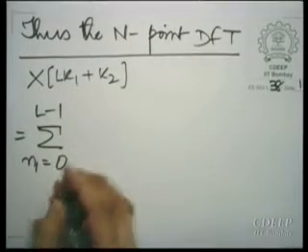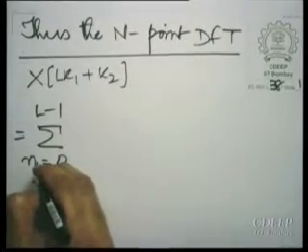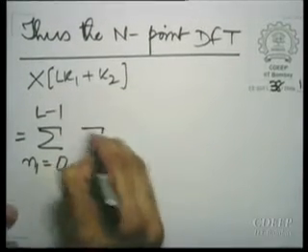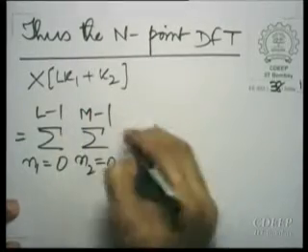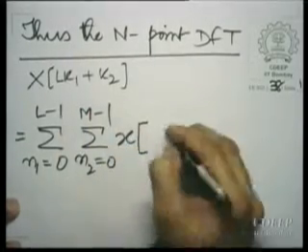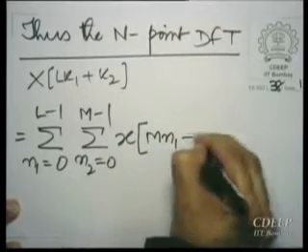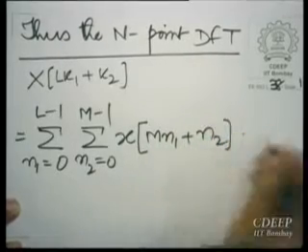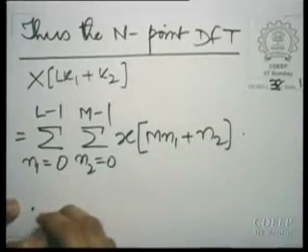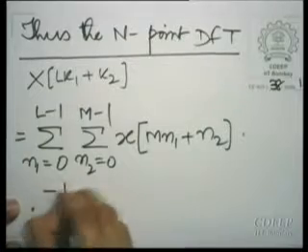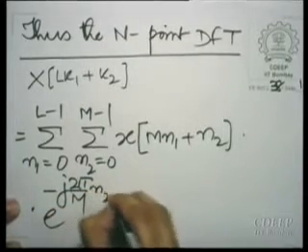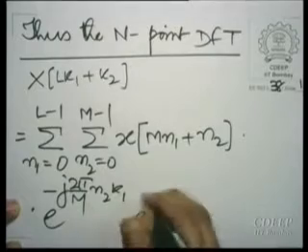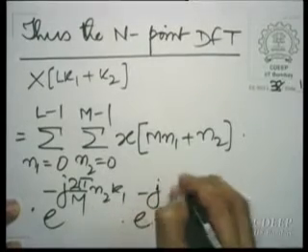I am sorry, summation on n, well, let us write it down, let us complete the expression, multiplied by e raised to the power minus j 2 pi by M n2 k1. Let us write the factors with n2 together.